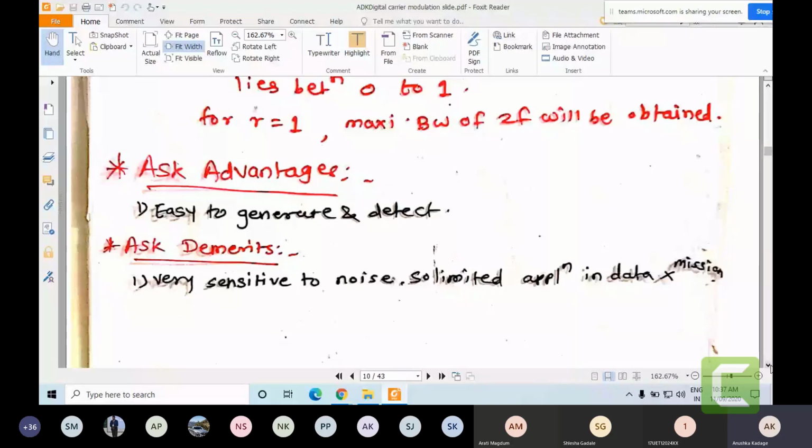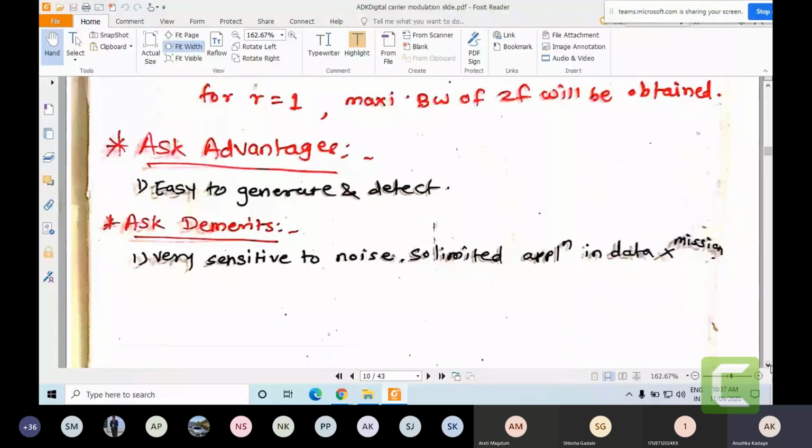Generally, PSK, FSK, and higher order QAM operations will be used in the different processes in wireless communication and in broadband communications also.